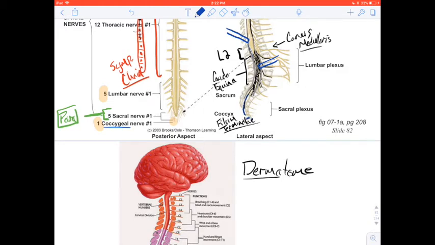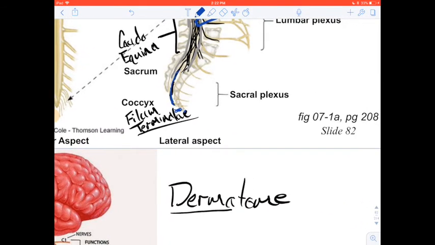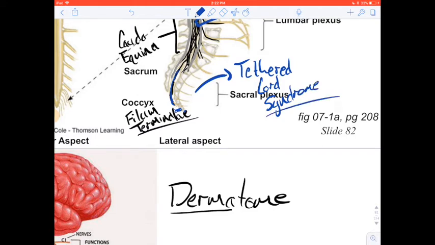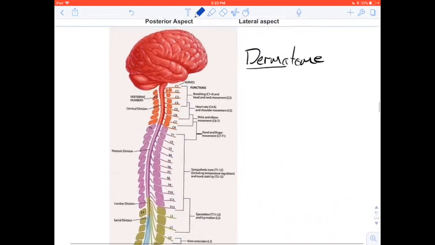But at some point that should free itself. This doesn't always happen, and if it doesn't happen, it results in something that we call tethered cord syndrome. Right, so tethered cord syndrome. All right, something to look up that you should know. It's going to produce lots of weird symptoms. So I won't go over it here, but make sure you take a look at that.